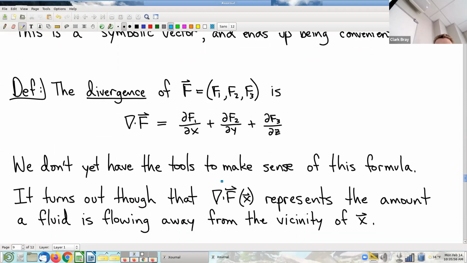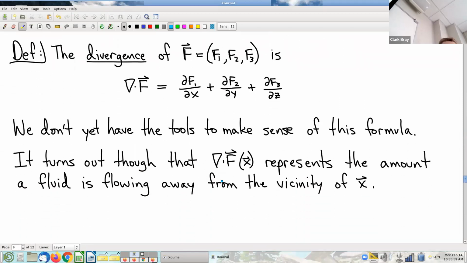Here's my first definition based on that object, and it's called divergence. Divergence is something that you can do to a vector field. You have some vector field F with various components F1, F2, F3.